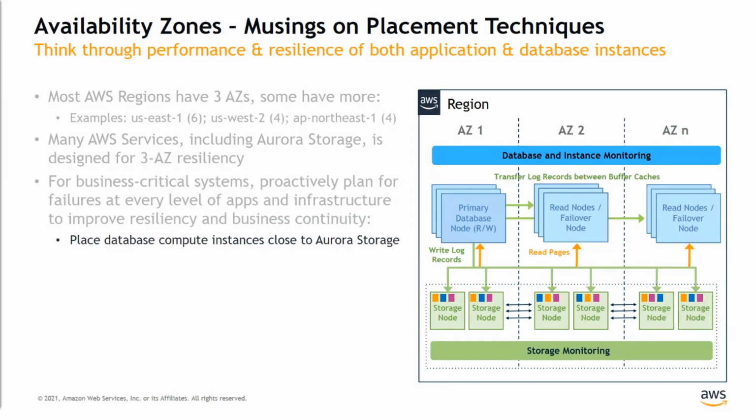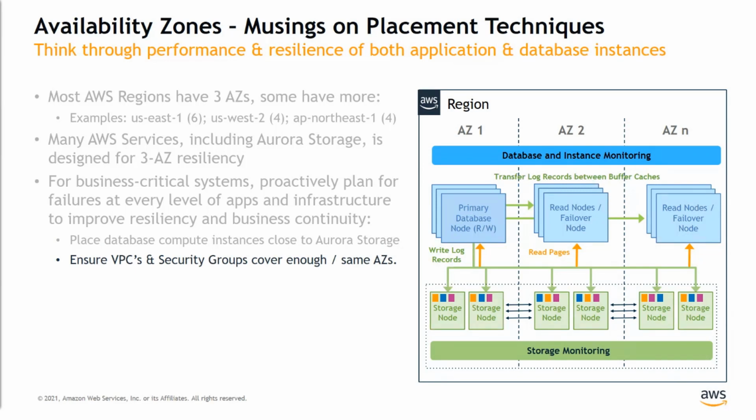So, first of all, placing your compute instances close to Aurora storage is a good thing from performance, but also an important thing from an availability perspective, right? If you have a reader node in an AZ that goes down, that reader node's going to go away, right? If that's the only AZ you have nodes in, then we're going to have to spin up new nodes in different AZs, and that's going to delay recovery time, right?